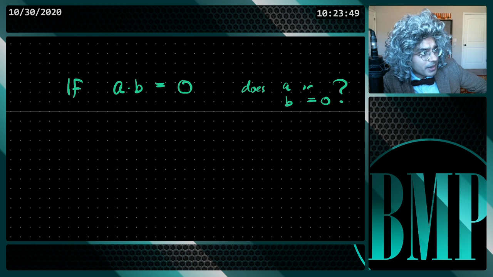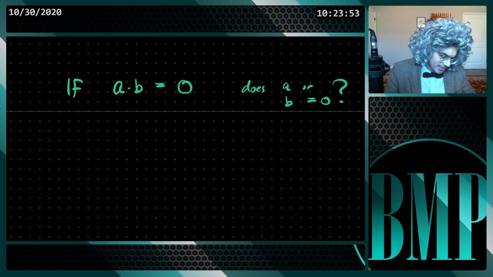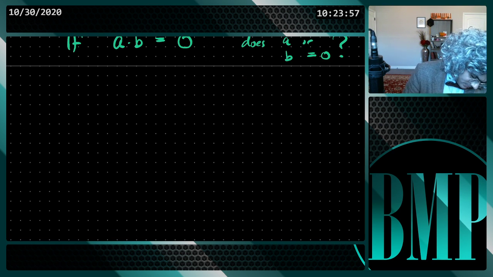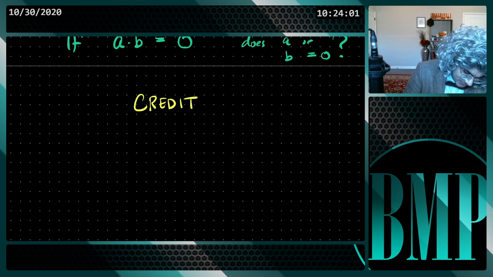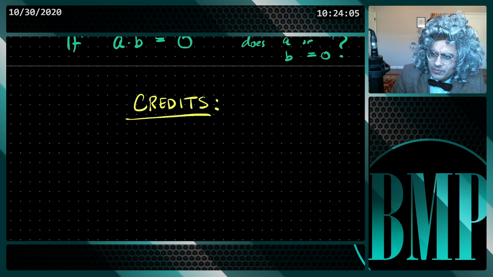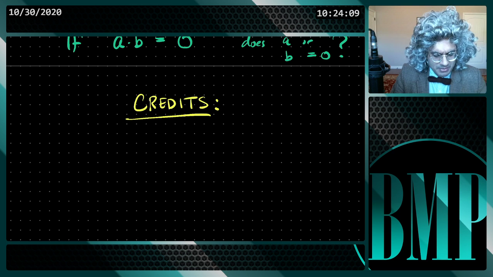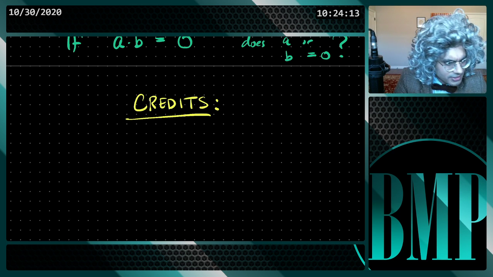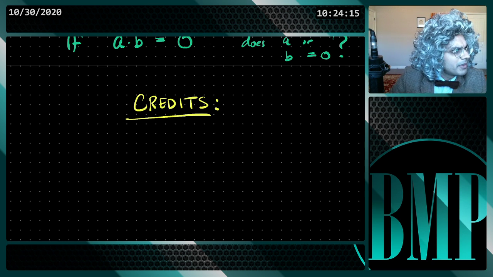So let's wind this thing down. Let's do credits. Who do I credit today? Who came up with the concept of a ring? Okay, the ancients came up with it, I guess. But let's see who to credit mathematically.